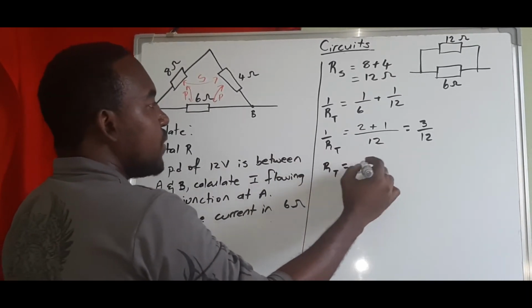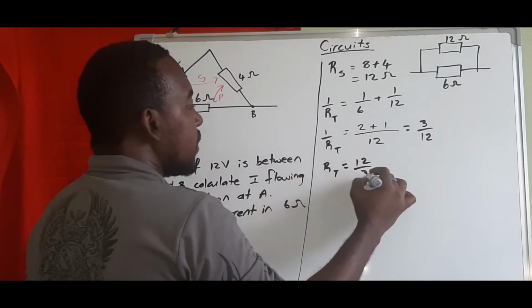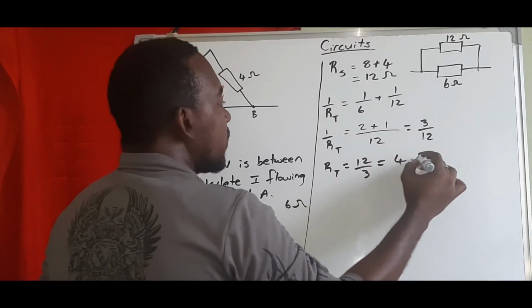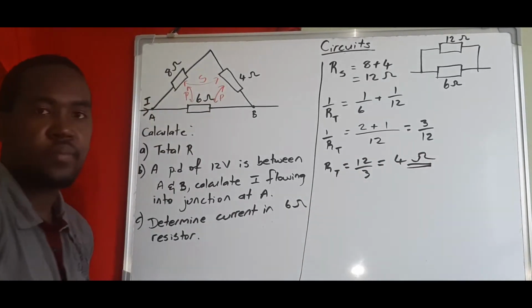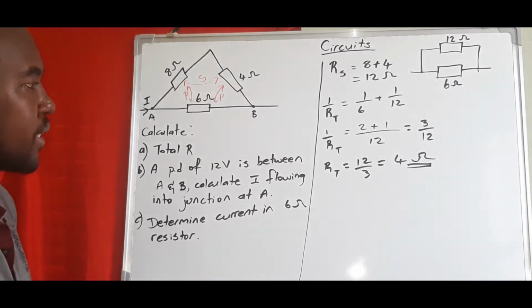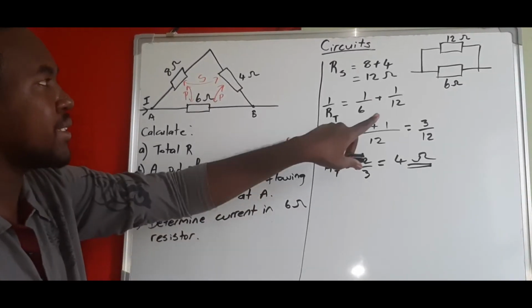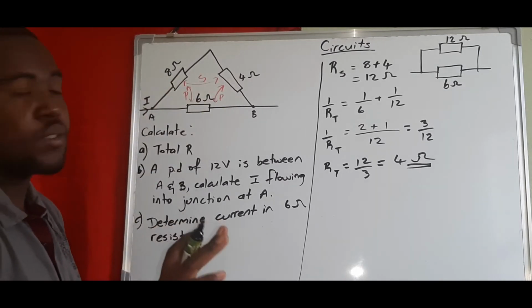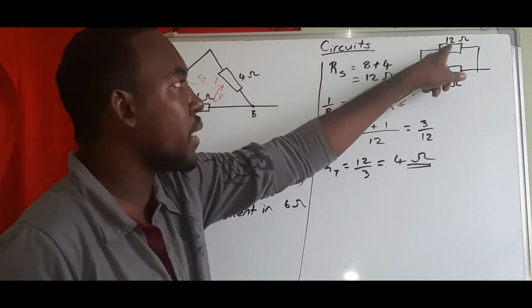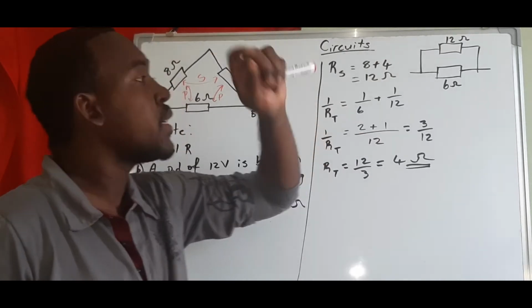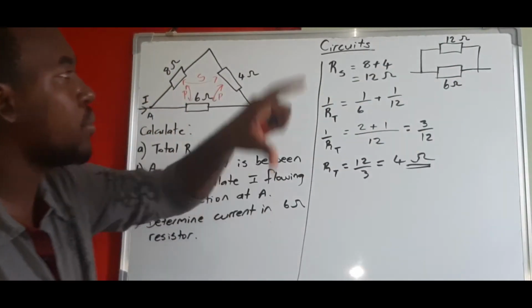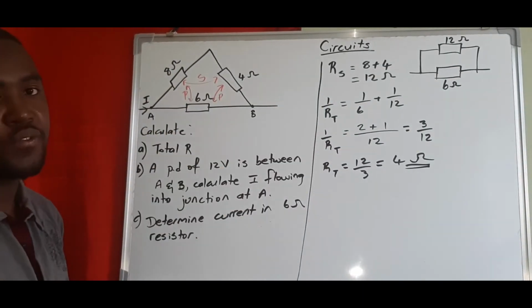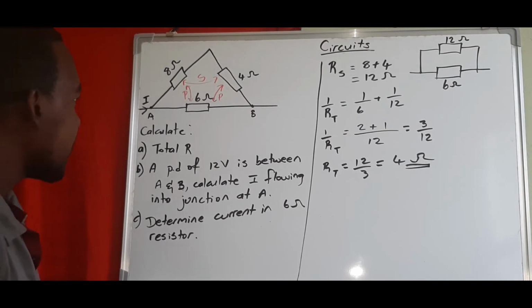So RT would be flipping this, so it's 12 over 3, which is 4 ohm, right? So that's how we would find the total resistance. So because these two are in series, we find the series first, which gives one big resistor of 12 ohm, and then these two are in parallel, so we work the parallel, and that's our final answer. All right, so that's A.